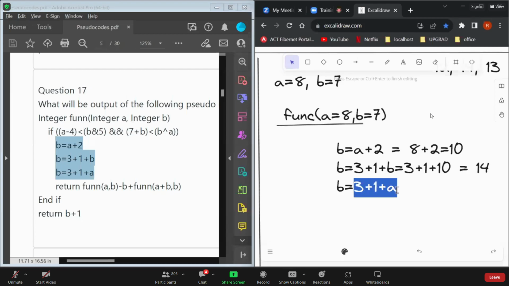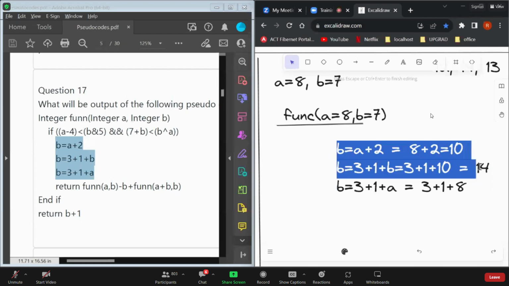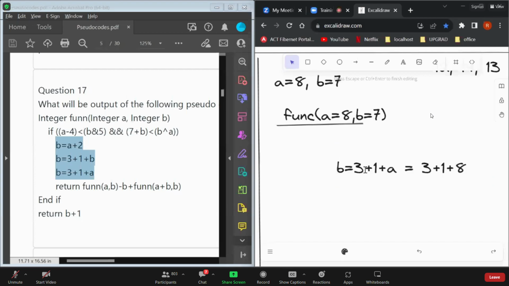But here, you're not using the previous value of b. You're directly using the value of a, which is 3 plus 1 plus 8. So the value will be overridden. Calculating the first two lines is a complete waste of time, so you can ignore them. You can directly calculate line number 3: 3 plus 1 plus 8, which is nothing but 12.